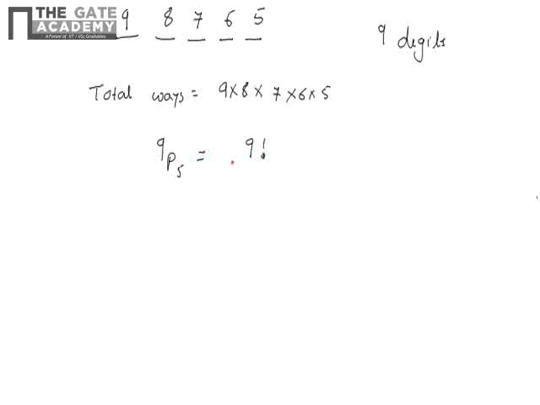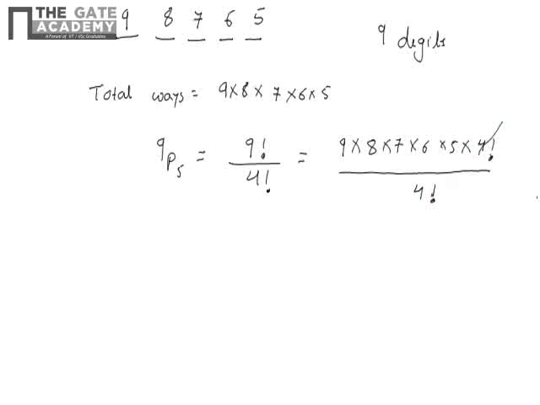This is 9 factorial upon (n minus r) factorial, that is 4 factorial. So 9 I can write as 9 into 8 into 7 into 6 into 5 into 4 factorial. Why am I writing like this? Because I want to cancel this. So you'll get the same answer.